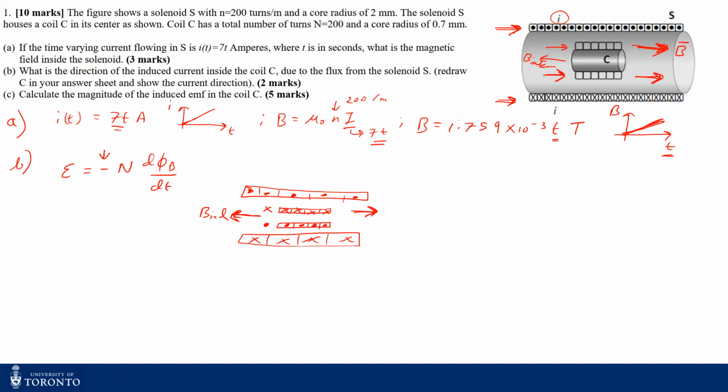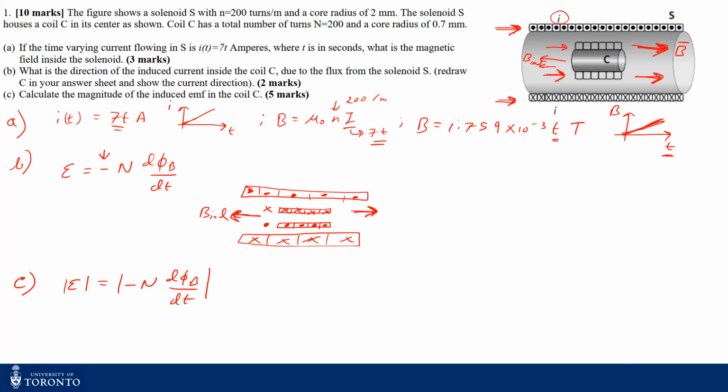Now for part C, it's asked you to find the magnitude of the induced EMF in the coil. Since you're looking for the magnitude of the induced EMF, I'll just take the modulus. That's my Faraday's law. Now for this one, what's the value of N?